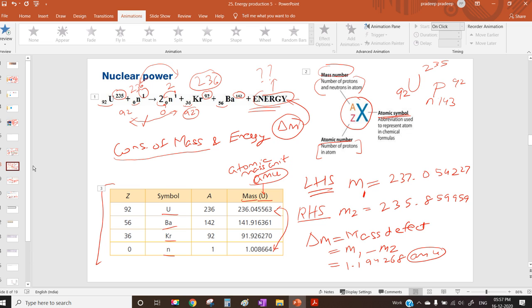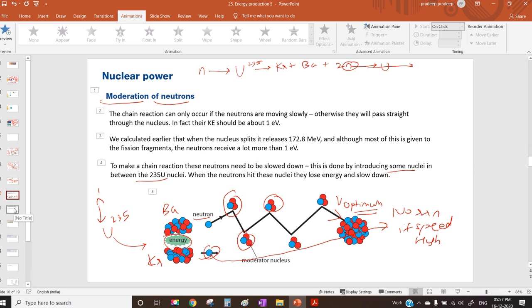Okay, so let's do one thing. I'll check this. In the meantime, are you done with writing that moderation part? No, sir, not really. Okay, so write down this moderation, and in the meantime I'm cross-checking.